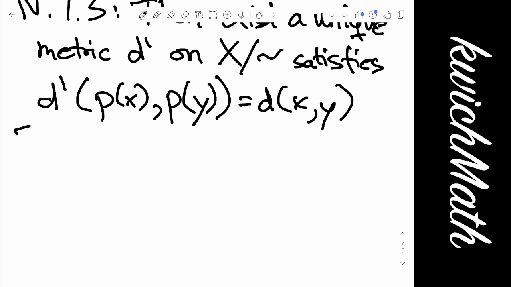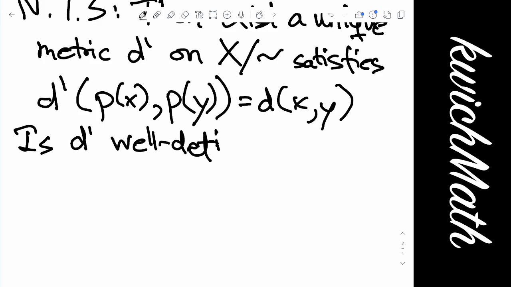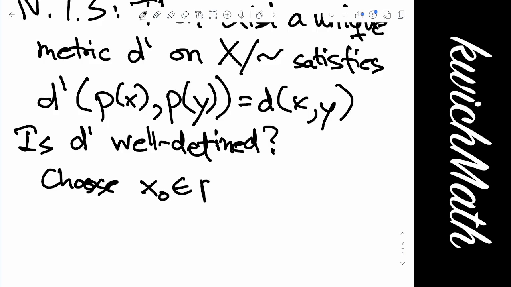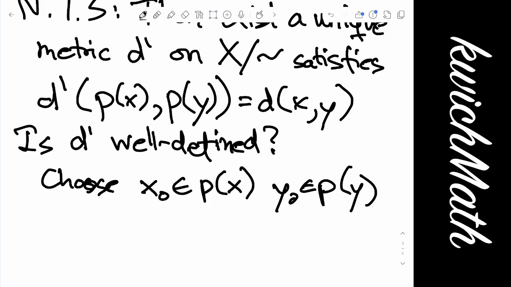Okay, so is D prime well defined? And in order to show this, let's choose an arbitrary X0 that is an element of the equivalence class containing X, and Y0 is, not unique, it's an arbitrary element in the equivalence class containing Y. So we want to show that no matter what the choice of these, we should still get the distance from X to Y, right?